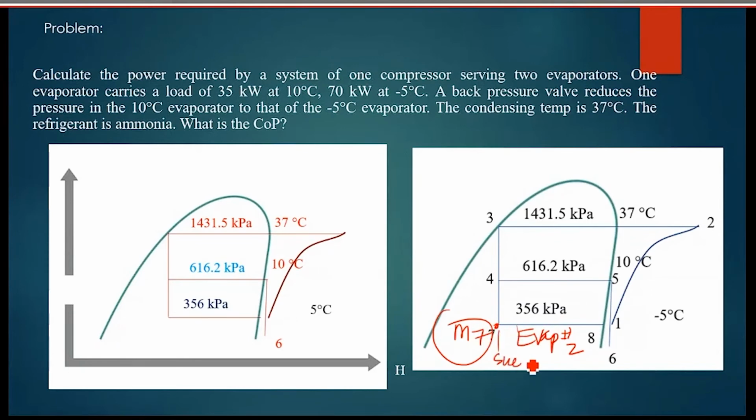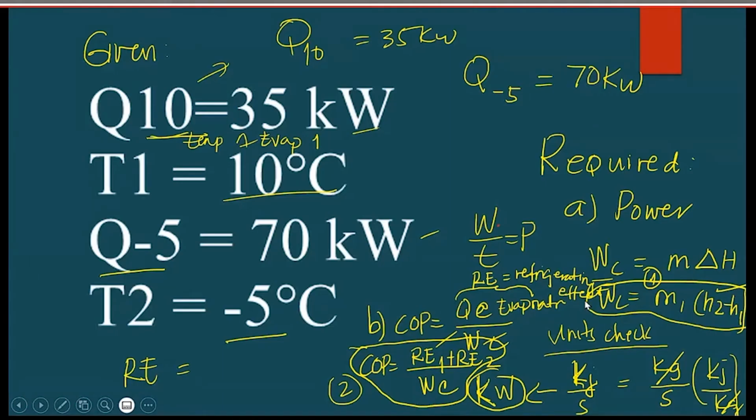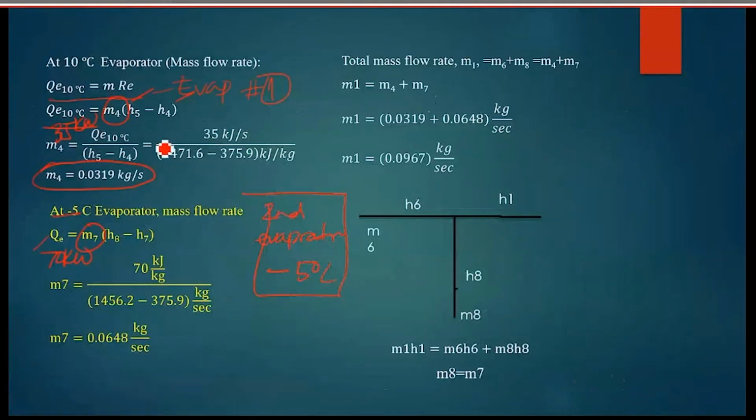This is the suction. This is the discharge at the saturated vapor, the discharge of the evaporator, which is also the entrance of the compressor. So going back to this, all we have to do is to plug in. We are going to find M7 at the second evaporator at -5 degrees centigrade.